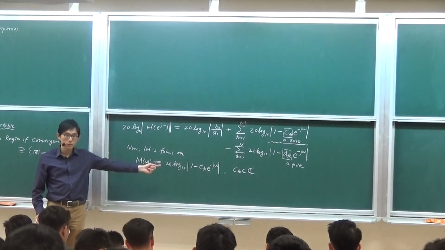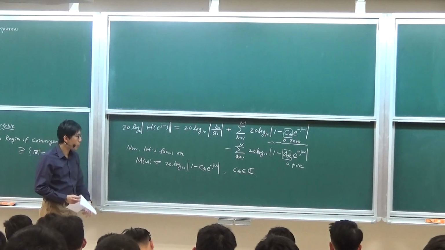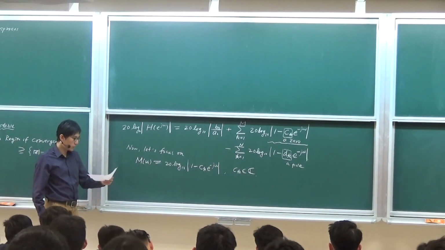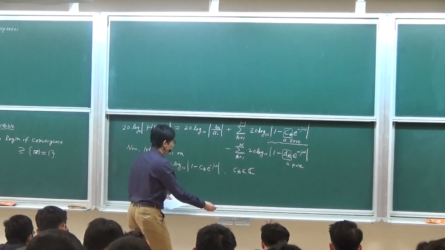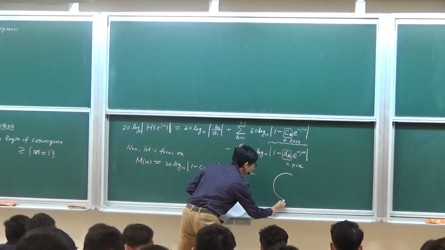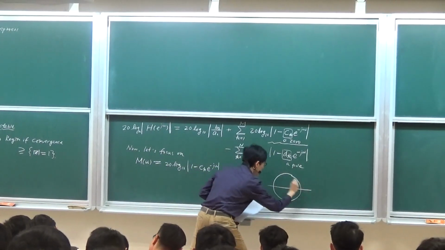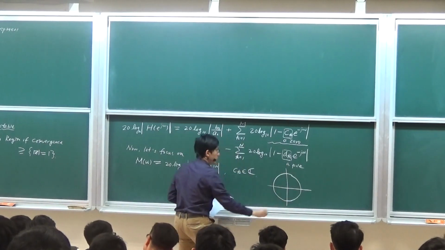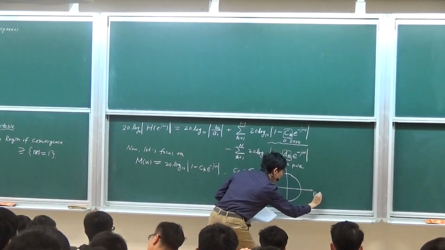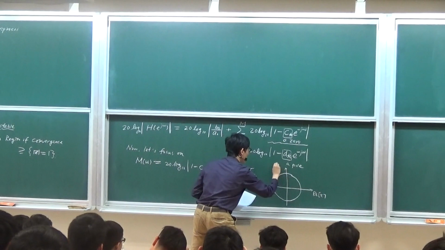And so let's assume that there's one zero somewhere on the complex plane. Let's just show it on this complex plane with real part and imaginary part.